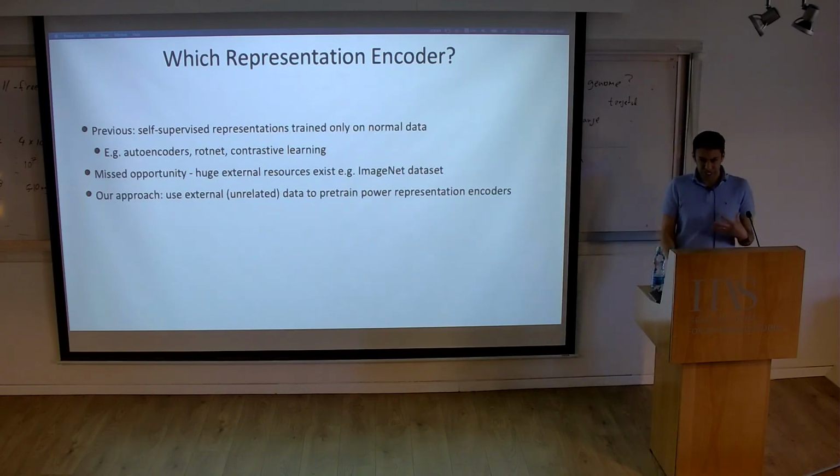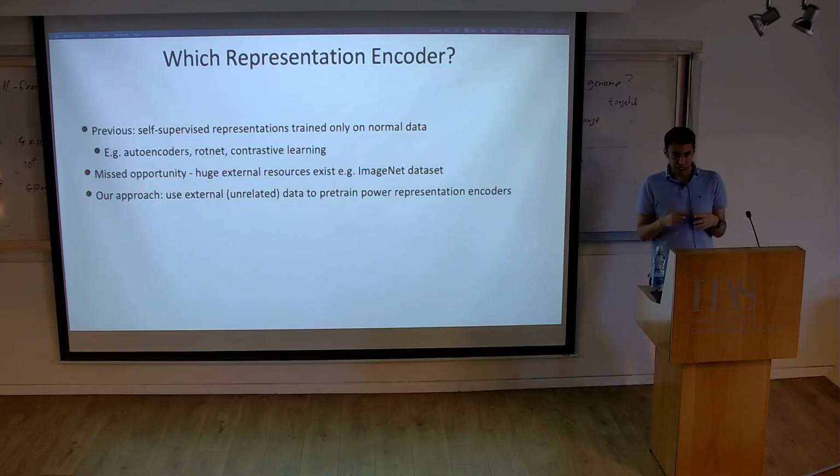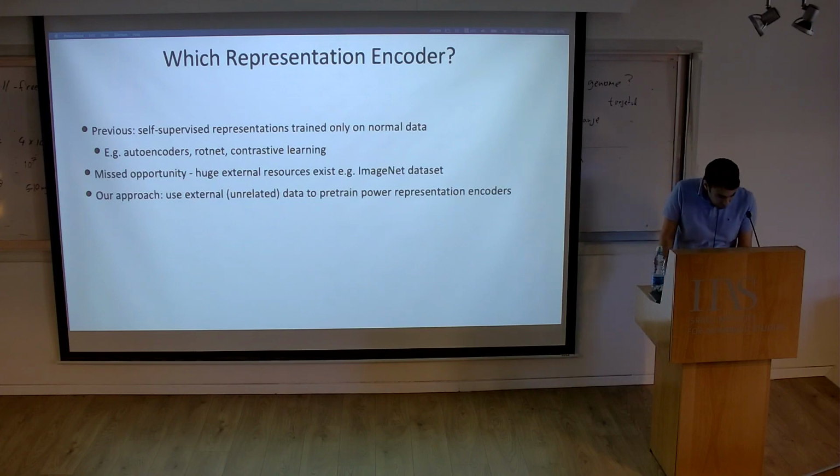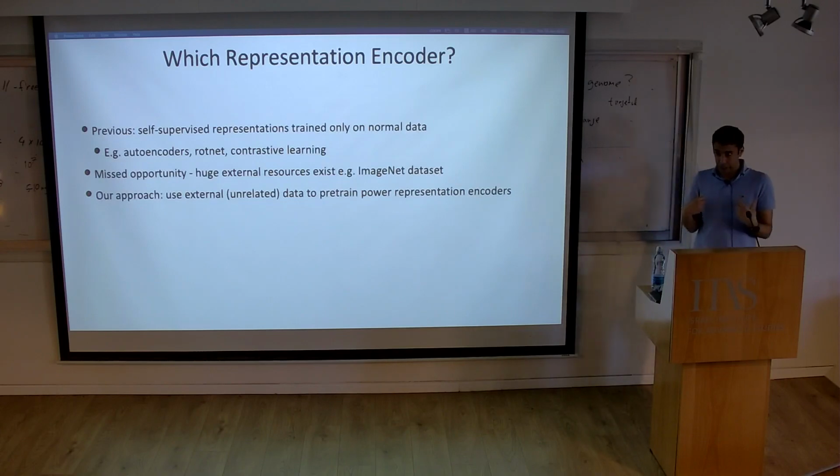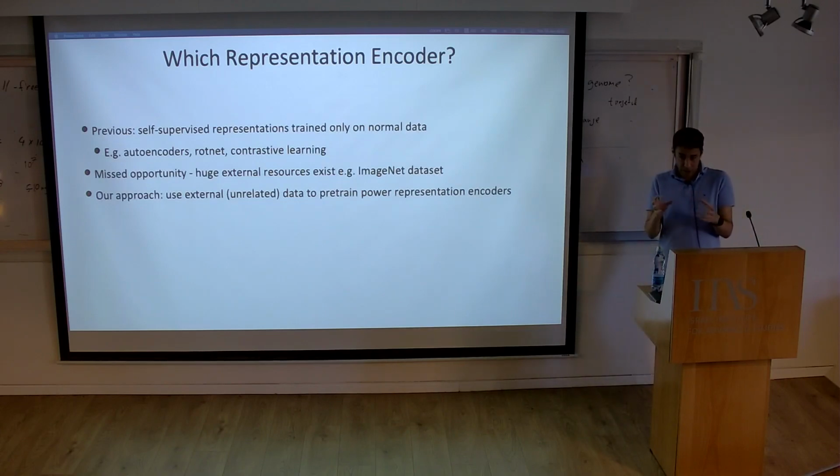So basically being able to solve this task means that we have some sort of good semantic understanding of objects in images. Our approach was to take this encoder, which was trained on a large external dataset and has nothing to do with the actual dataset that we care about, and try to use this encoder to represent the data for anomaly detection.